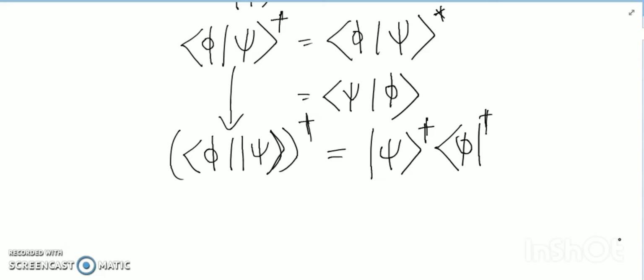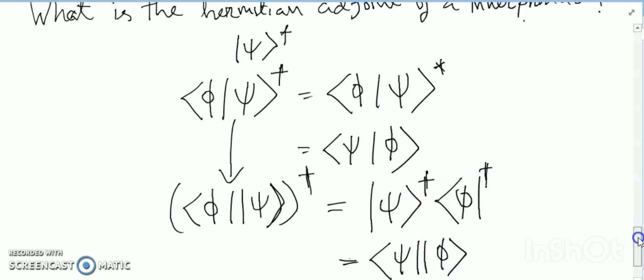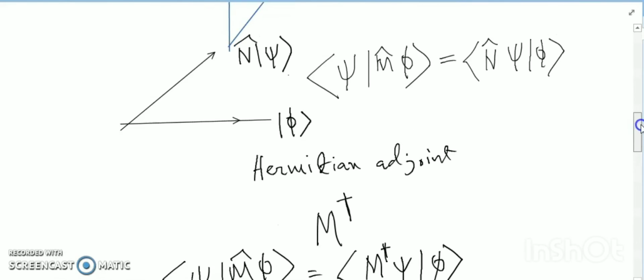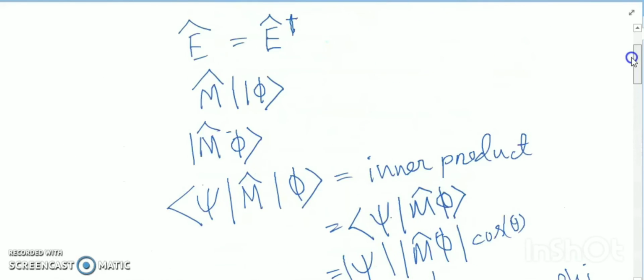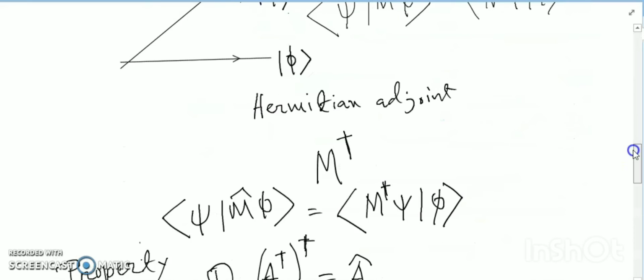So it can be written this way: bra psi and ket phi.